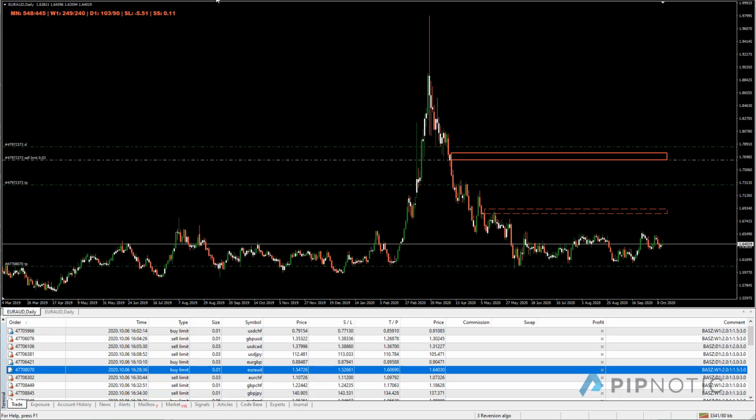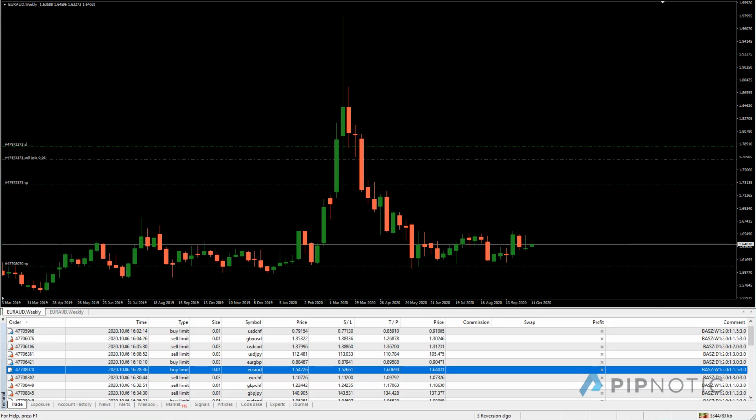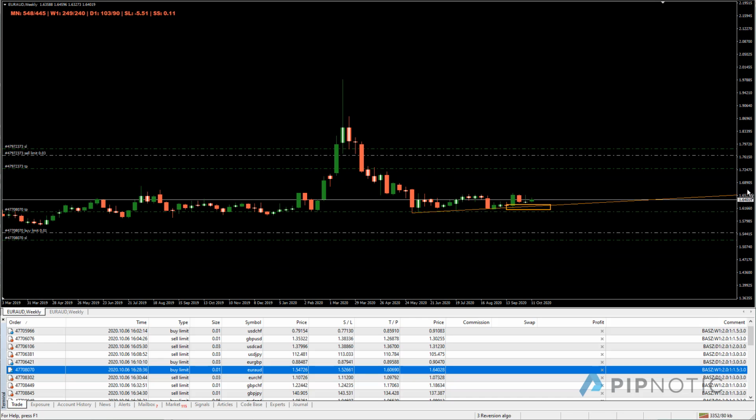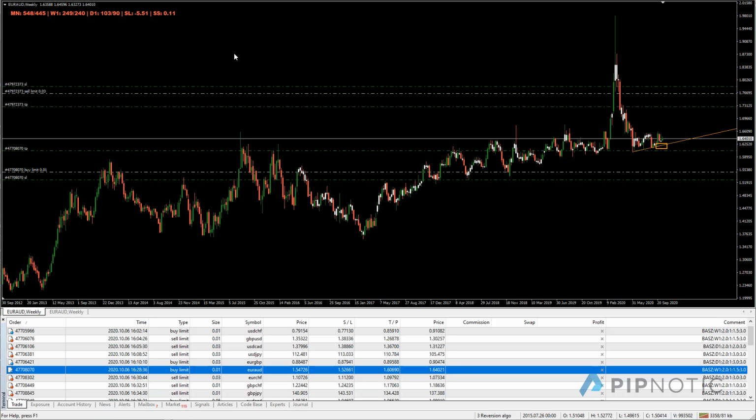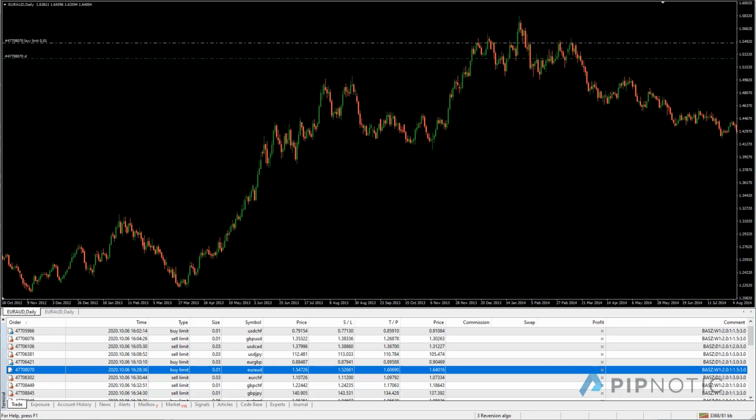This is a weekly area. Maybe actually this was the weekly area. Yes, so we had this one down here. Looks like I probably zoomed in.